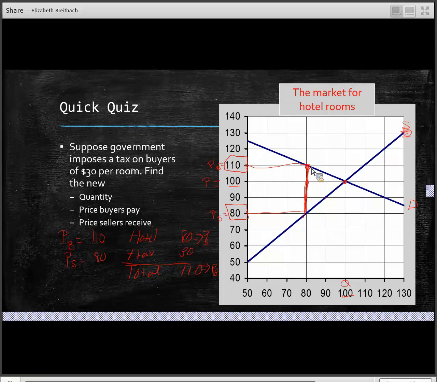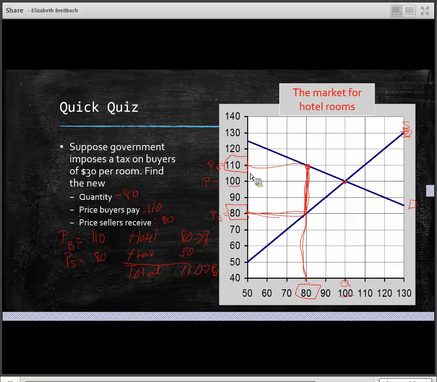All right, and then I know I didn't ask for it, but let's take a look at the incidence. The difference between our initial equilibrium and the new price buyers pay, so PB minus P, represents the incidence for the buyers, and that's 110 minus 100.